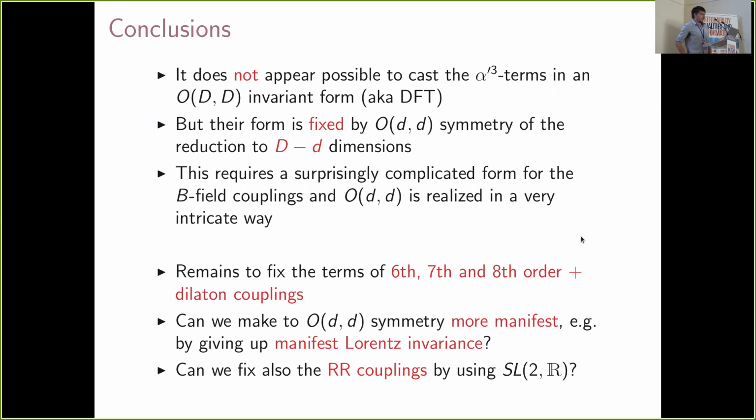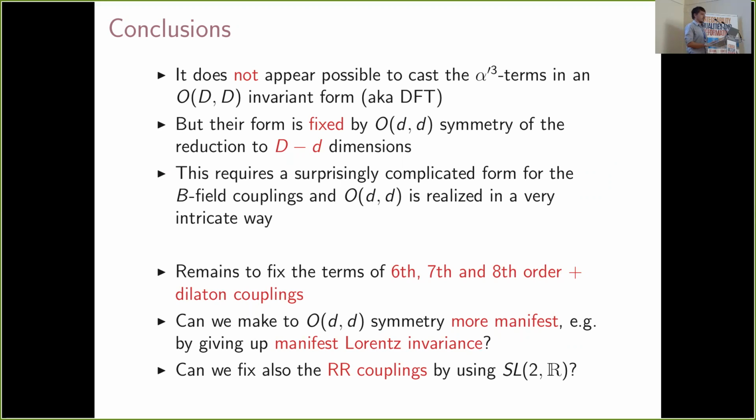So let me conclude. It doesn't seem possible to write the alpha prime cubed terms in an O(10,10) invariant form before you dimensionally reduce, as you would like to do in double field theory. But you can fix their form by requiring O(D,D) symmetry of the reduction to 10 minus D dimensions.